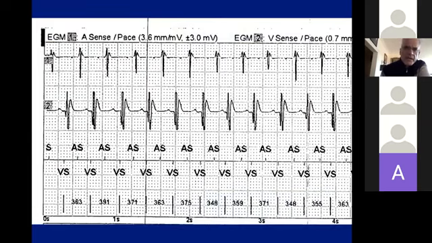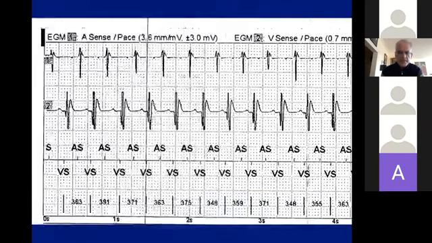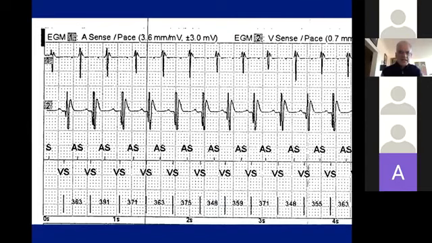So here's another example. This is not from the study, this is something else. And maybe this can be interactive, Nishan, if we can. So this is, oh, I already gave the answer. This is actually dual chamber, sorry, here's my marker.